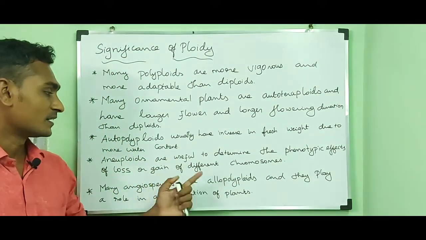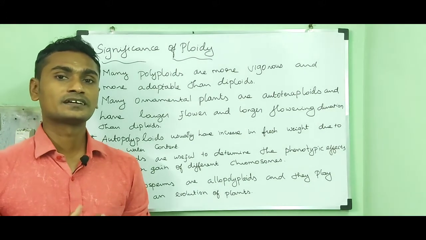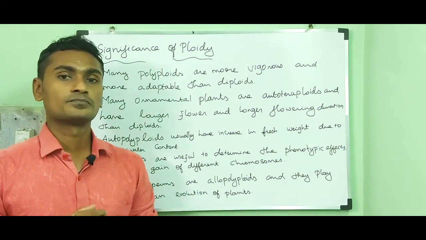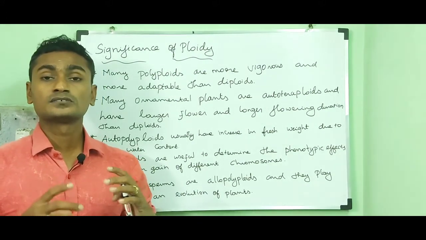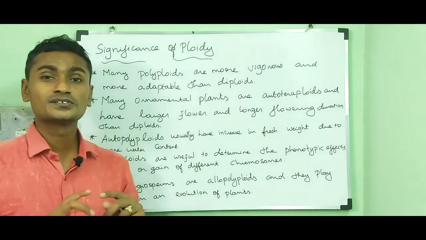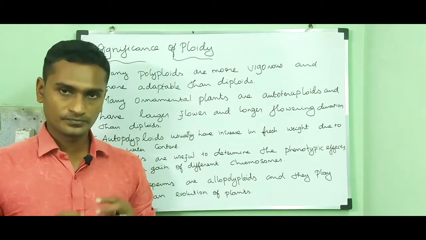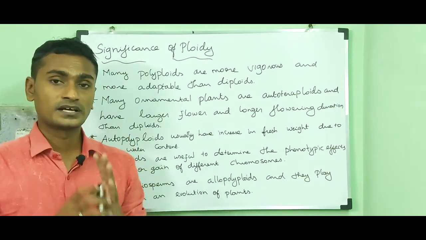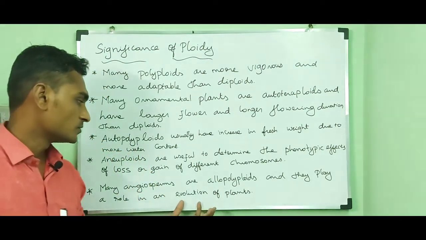Allopolyploids create new types of plants because the cross was made between two different species, and this leads to the evolution of plants.